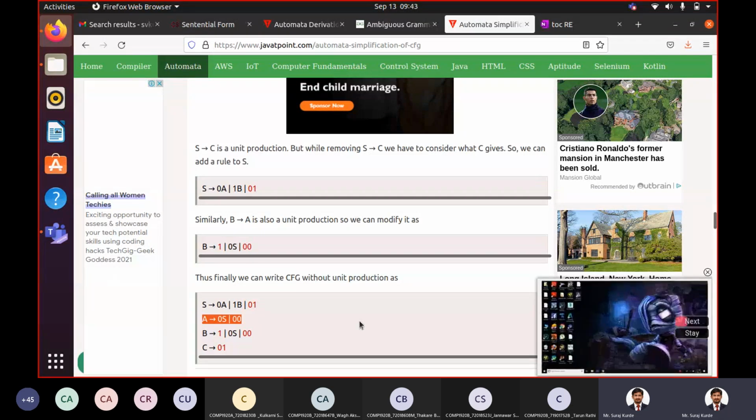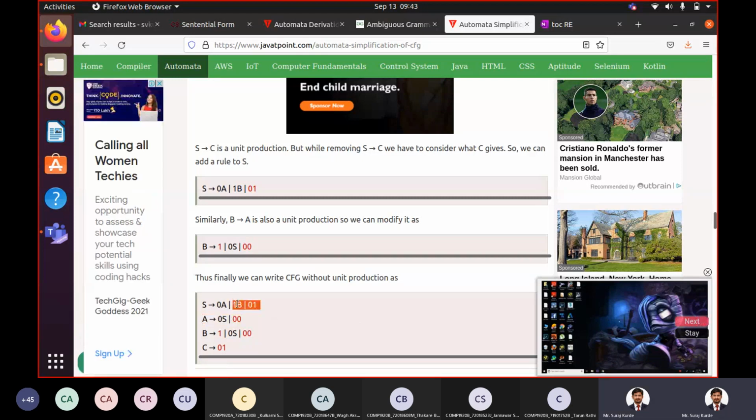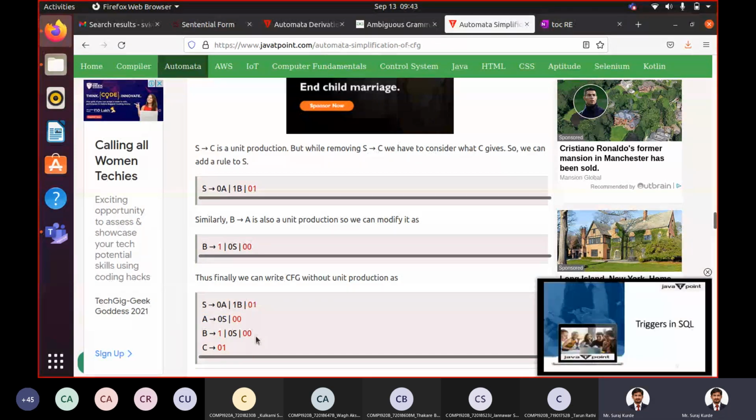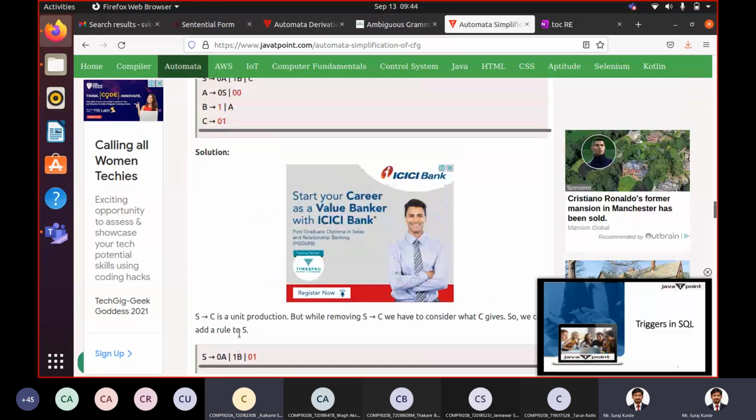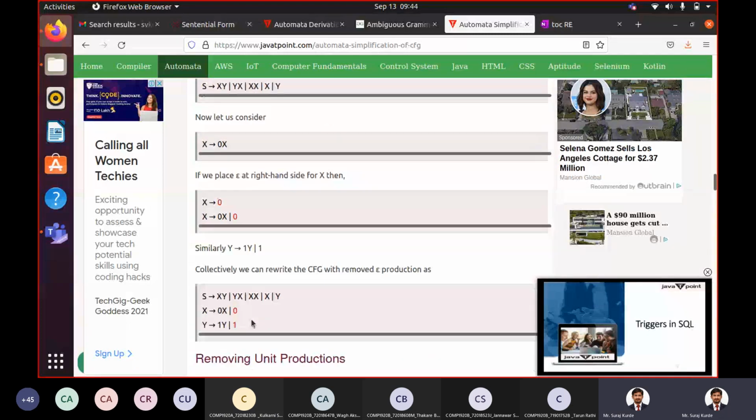Only the case is we remove unit production. We removed S produces A, we removed S produces C, and we removed B produces A. Two production rules are changed, and we added new production rules for S and B by removing unit production. So this is the simplification of grammar.